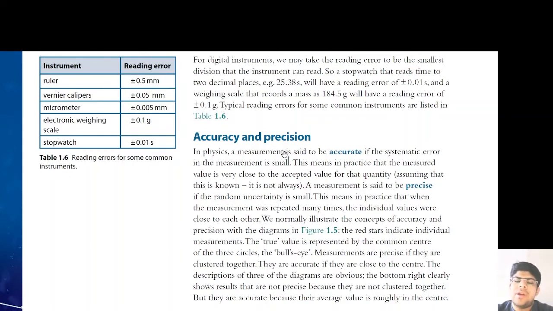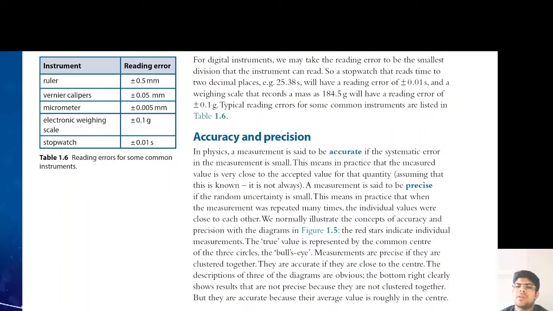We can only say that a measurement is accurate when the systematic error is very small. For example, if the accepted value is 100.2 and you get 100.1, I think it's accurate.